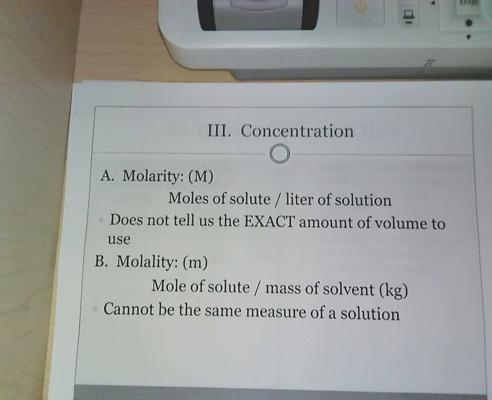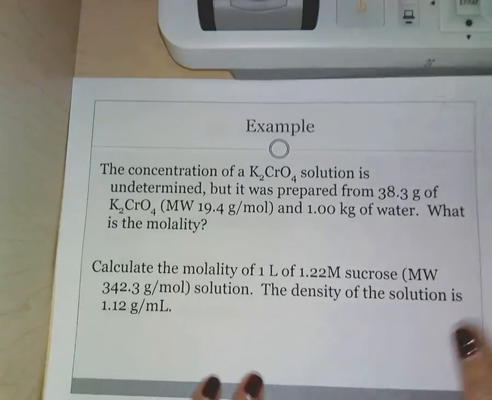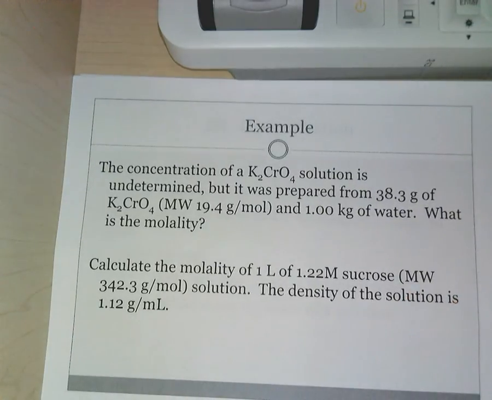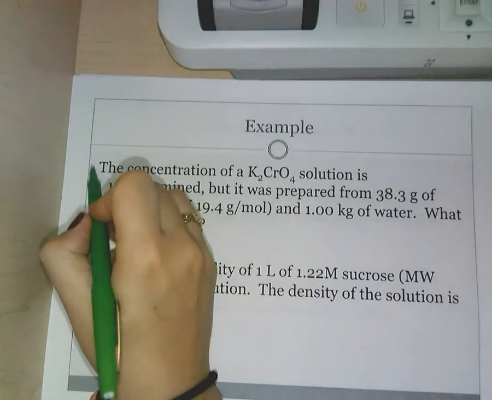So let's take a look at this and see how it works. So I have a potassium chromate solution with an undetermined concentration. Sorry, these are two questions. Not to be confused.